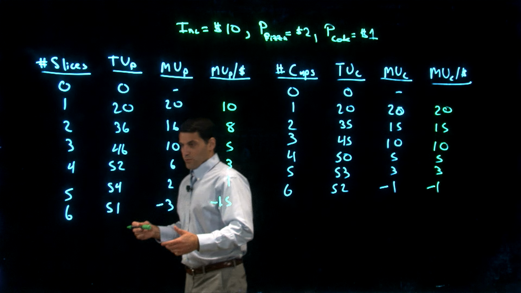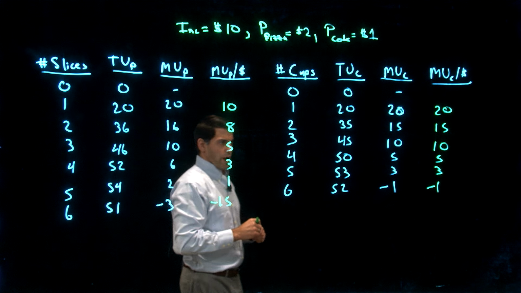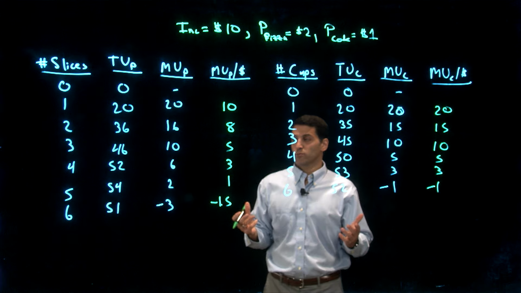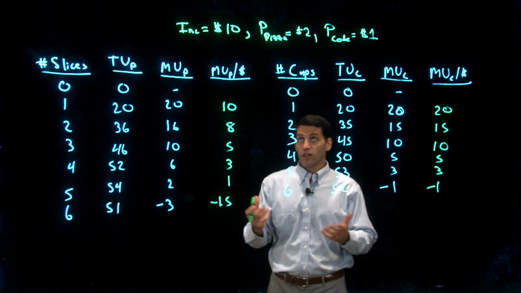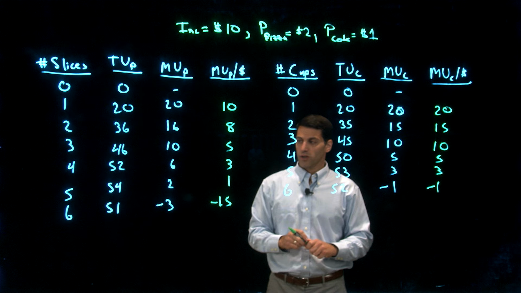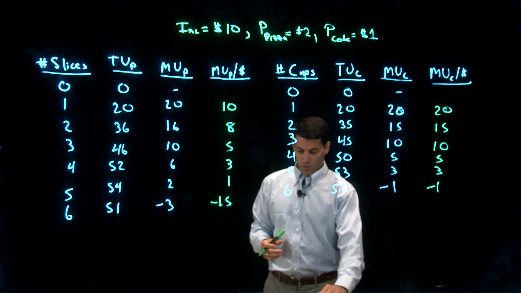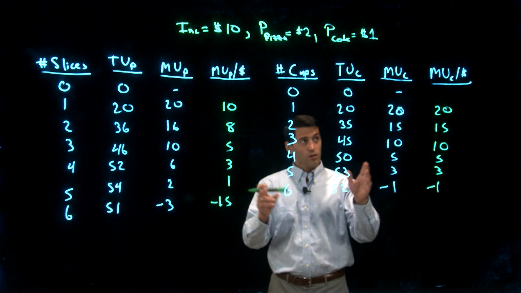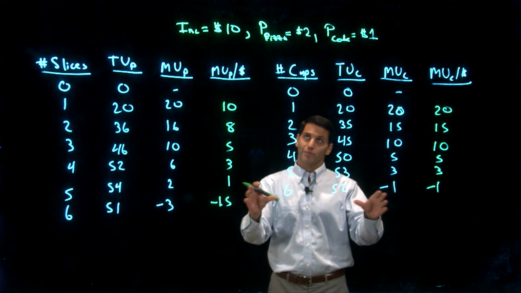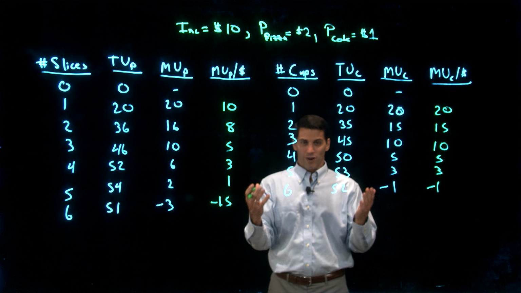Now, of course, if you've got $10 to spend, how will this consumer choose to allocate those $10 between slices of pizza and cans of Coke? What we're working with comes from our theoretical model, which we're not deriving for you here.